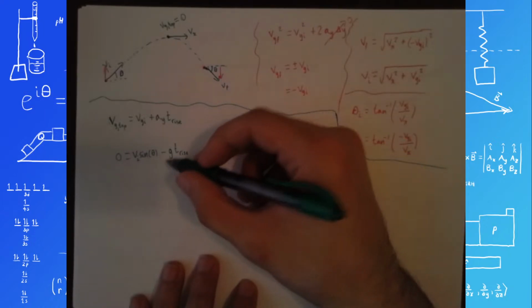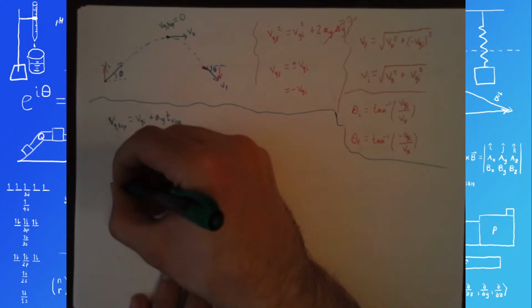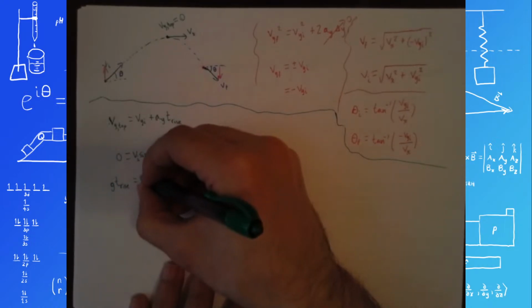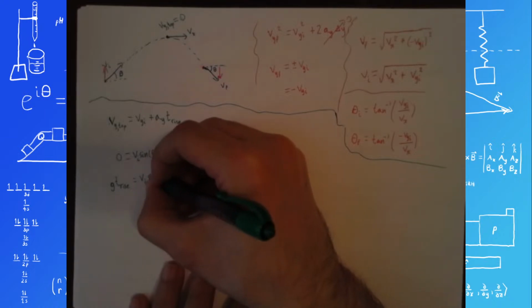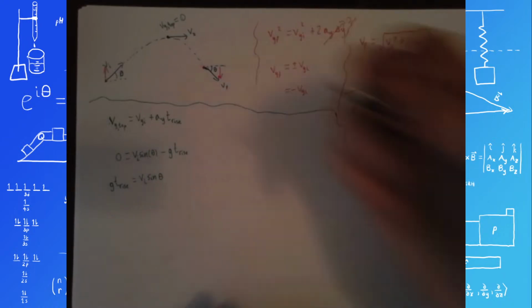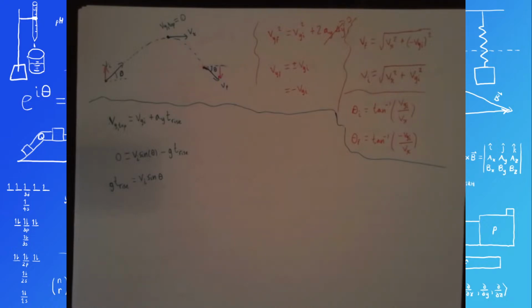And we can add g t rise to both sides. g t rise is equal to V initial sine theta. I don't really need the parentheses around the theta here since it's clear enough without it. But it's not actually a bad idea to put parentheses around your angles when your algebraic expressions are looking messier.